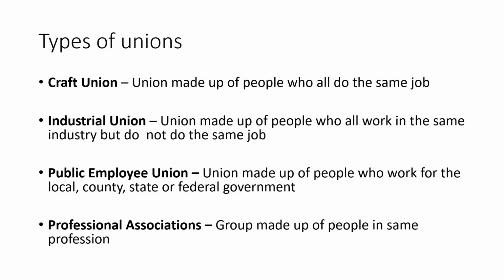They are not unions, but they get lumped in here because in certain ways they act like unions. And by act like unions, I mean they lobby for the needs of their members. So in a way, they act like a labor union.